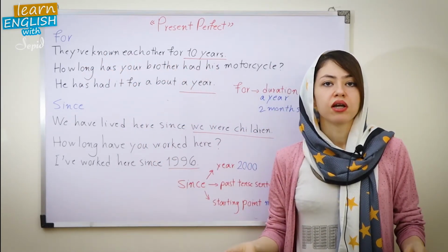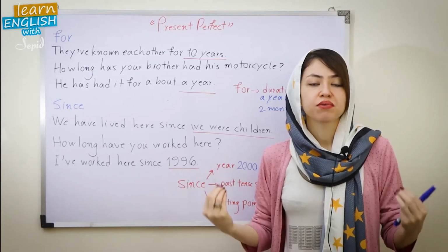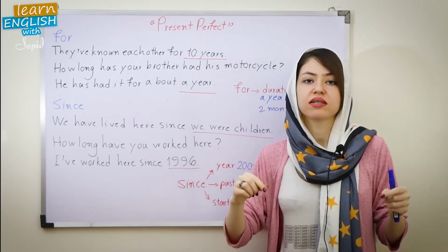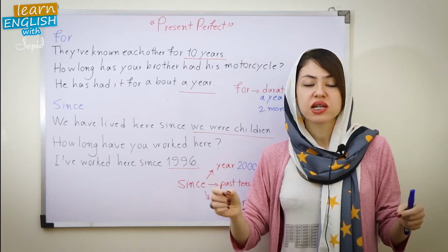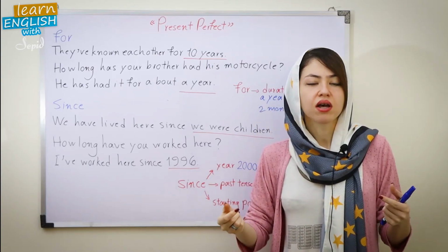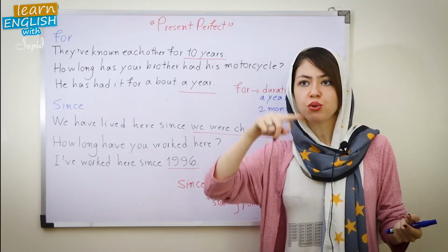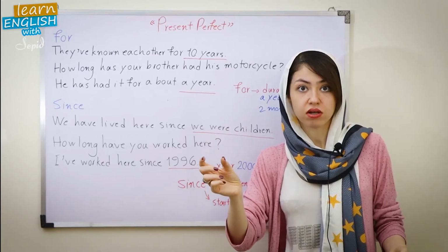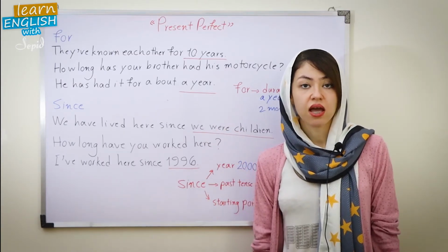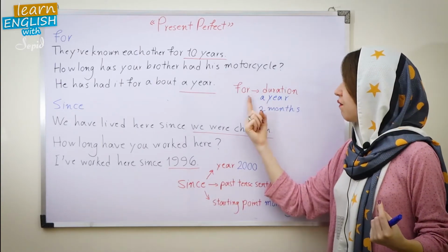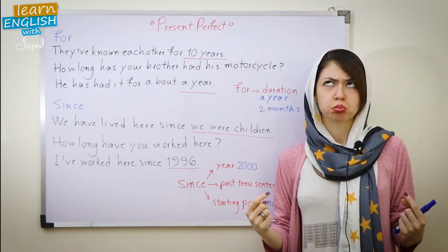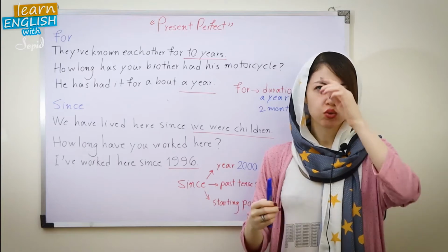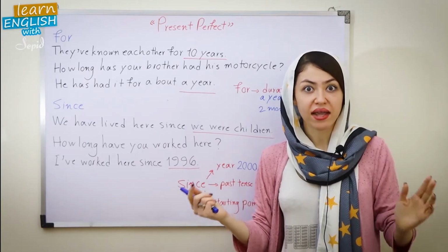Before going to the example, notice that in present perfect tense, we don't have a determined time. We never use a determined time marker. For instance, if I say 2 years ago, you understand that it is in the past, okay? It took place in the past. But if I say for a year, there is a kind of question mark in your mind. And you would ask, okay, for a year, but when?